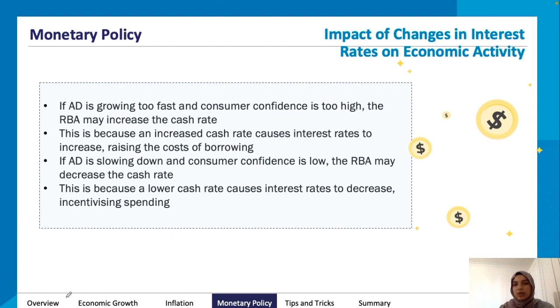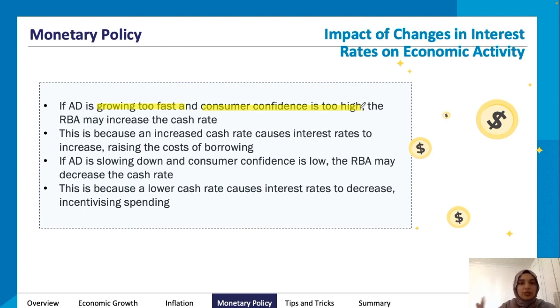Okay, so impact of changes in interest rates on the economic activity. So if the aggregate demand is growing too fast and consumer confidence is too high, the RBA may increase the rate because they want to try and control it. But they're increasing the cash rate.